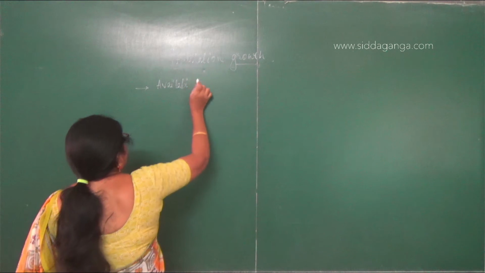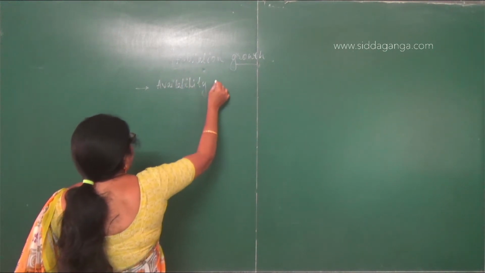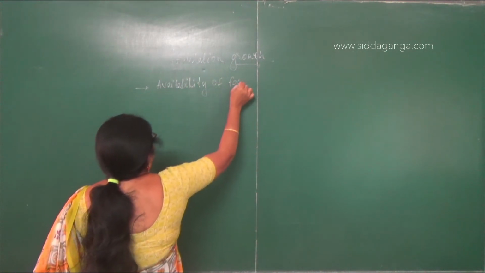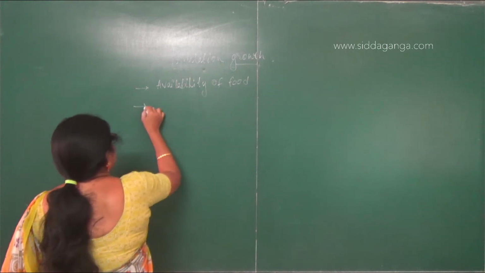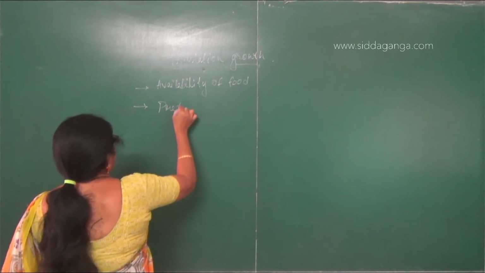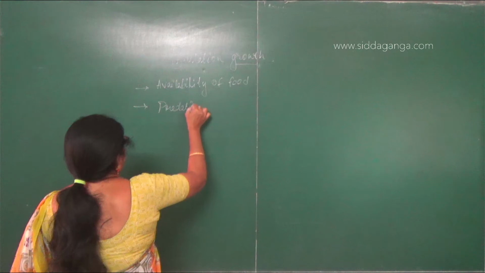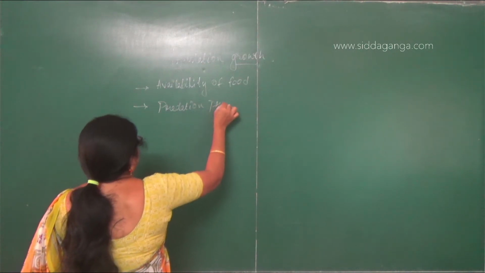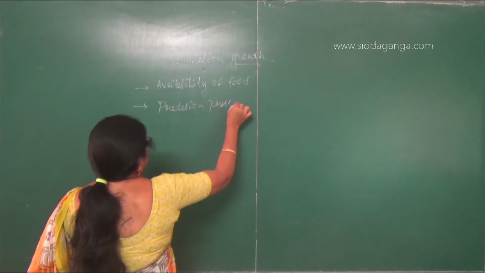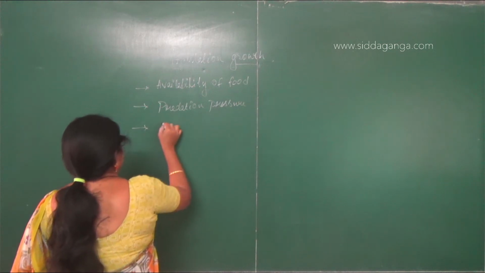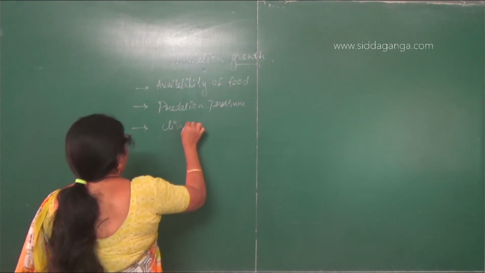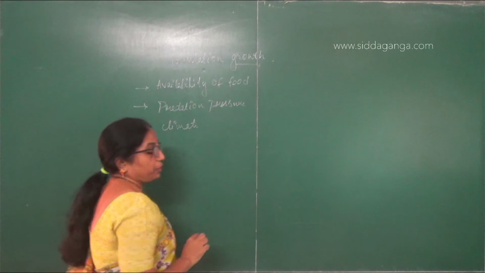The second is predation pressure, and the third is climate. All three will influence the population size.